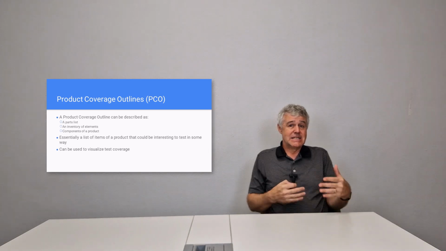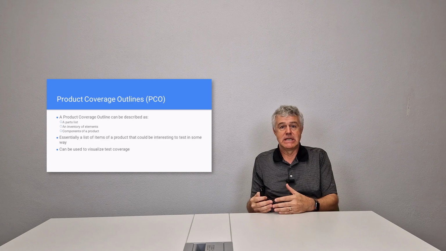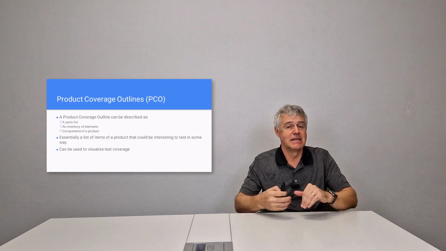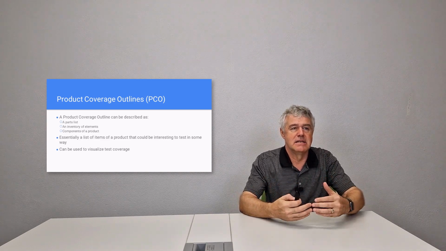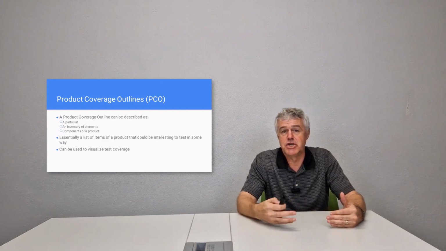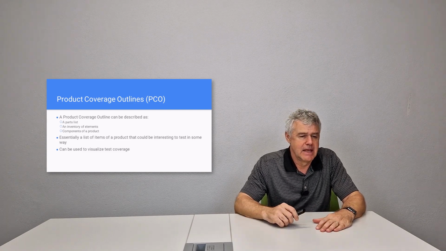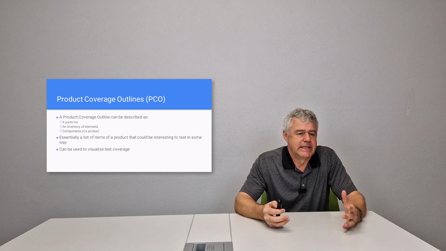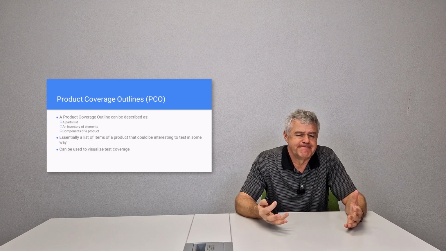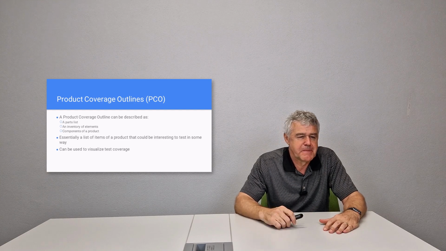It's a list of everything that you may have an interest in testing. It doesn't mean you're going to test everything in it, but it's trying to identify as much as possible the things that you plan on testing or that could be tested. So it's an inventory of the things you're going to be looking at.